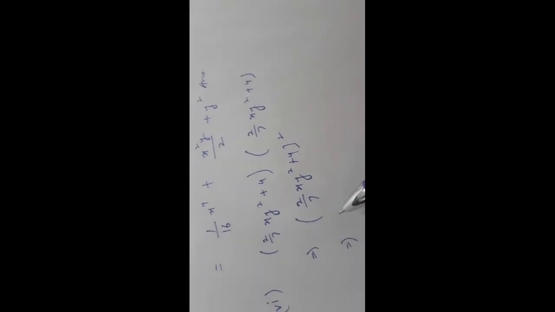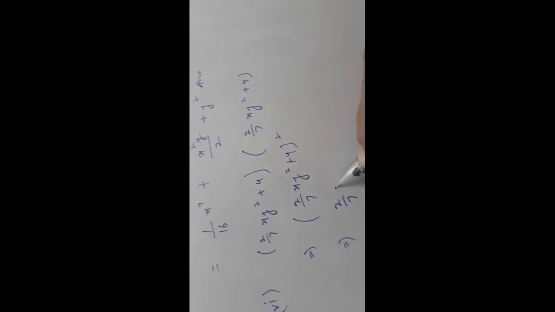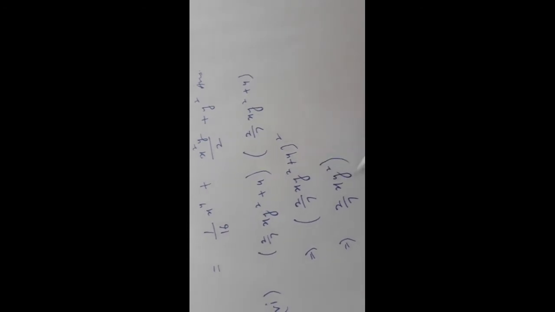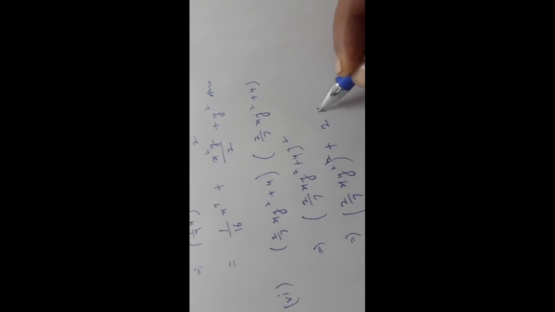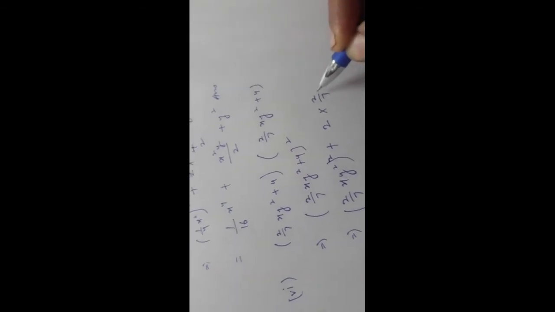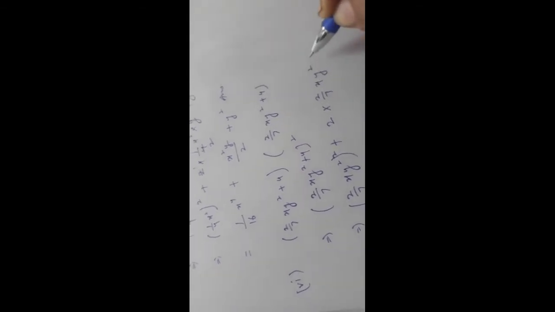So how would we solve it? 2 by 7 xy square whole square plus 2 into 2 by 7 xy square into 4 plus 4 square. So what can get cancelled here? Nothing can get cancelled here.